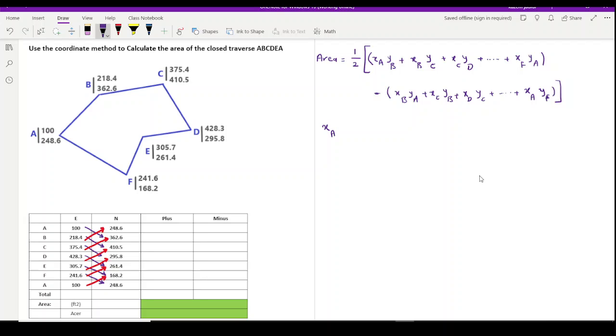So xa times yb is equal, xa is 100 times yb is 362.6. Therefore, if you multiply it, this one is simple, 36260. So I write it directly here.